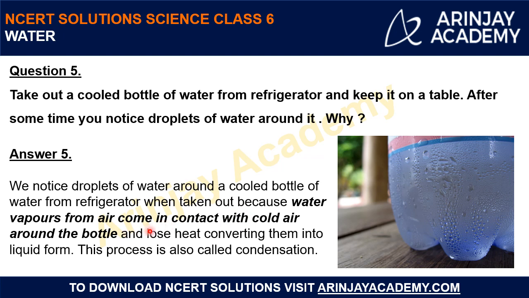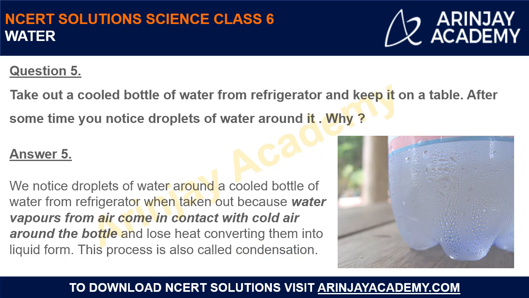So when they come in the proximity of the cold air around the bottle, they instantly lose heat. Because they have lost heat, the water vapor will condense back into liquid water. This liquid water is what we see all around the water bottle in the form of tiny droplets. This process is called condensation. We know that this is an example of condensation. So I hope this is clear. Let's move to the next question.